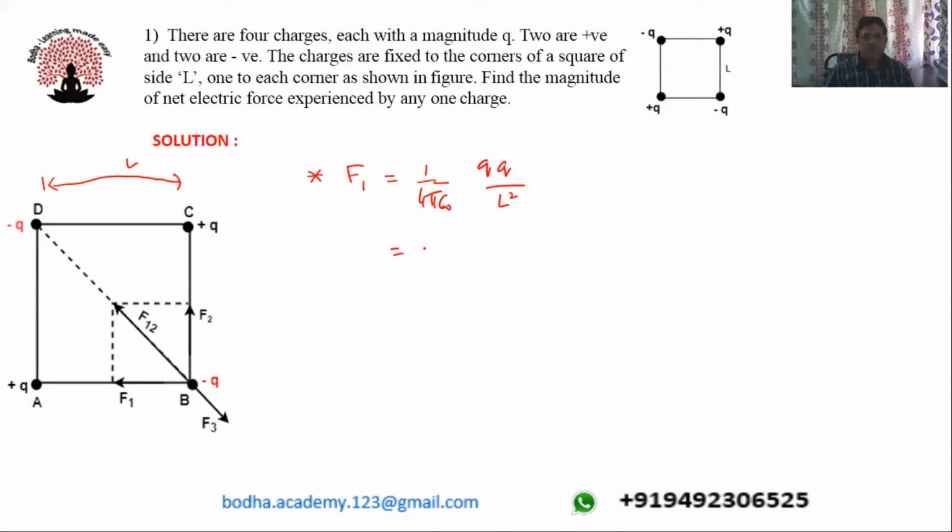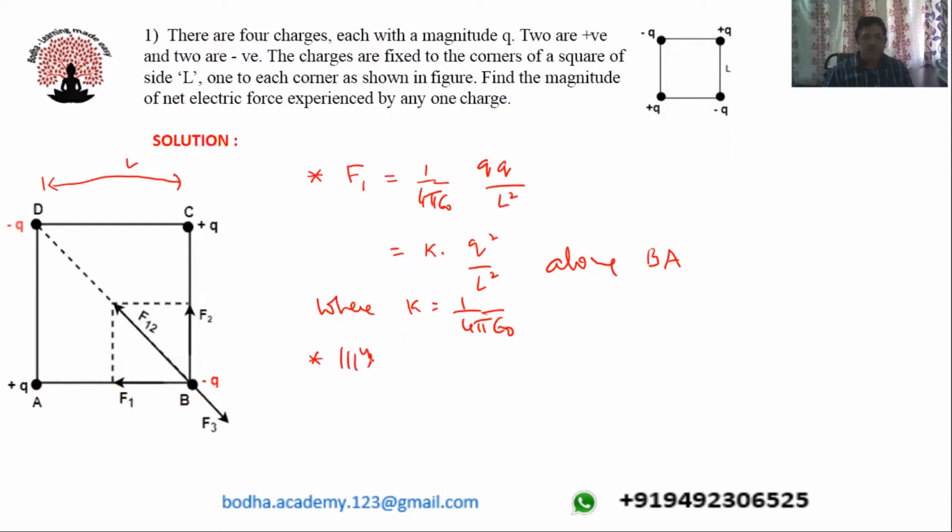So I can write this as K into Q square by L square, where K is equal to 1 by 4 pi epsilon naught. The direction of this F1 will be along BA. The reason is B is a negative charge, A is a positive charge, so the charge at B is attracted towards the charge at A. Hence the direction is along BA.